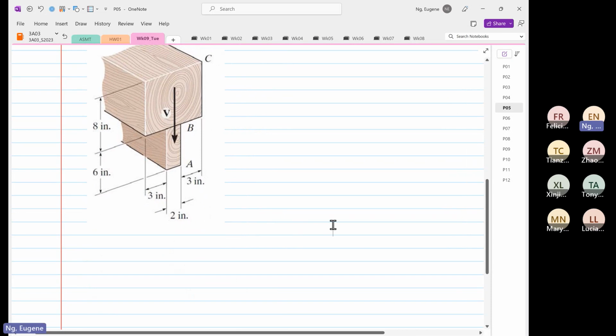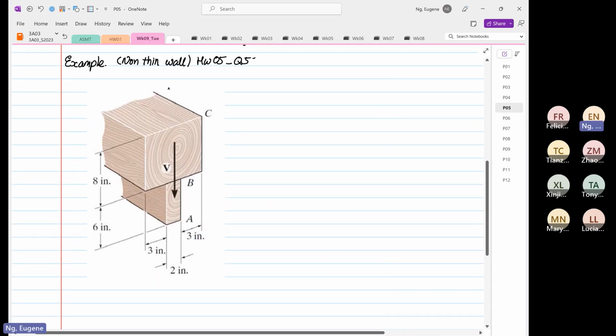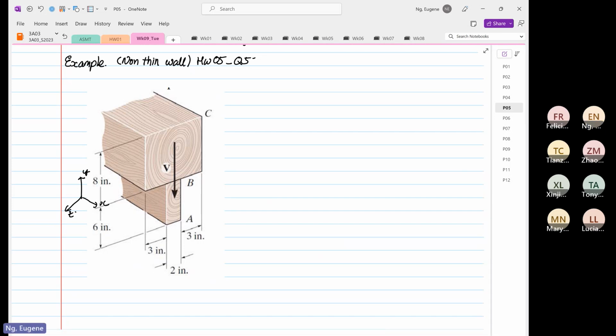So this is the image, and I'm going to call this my X, Y, and Z. And we are going to have I_zz. I'm not going to calculate all these, okay?